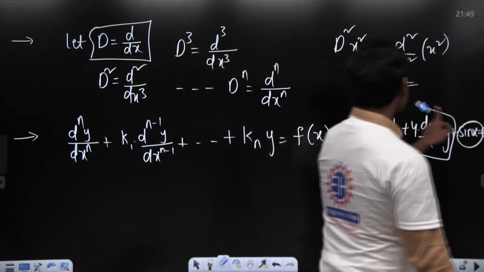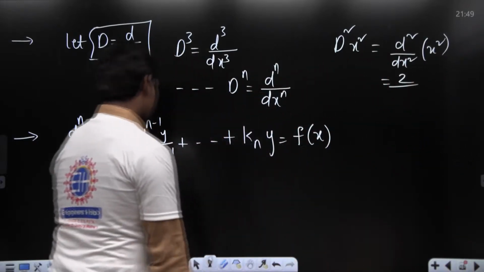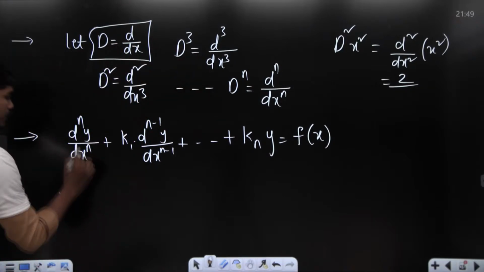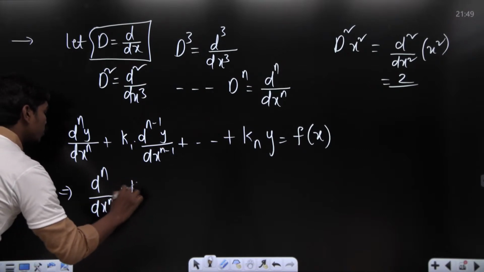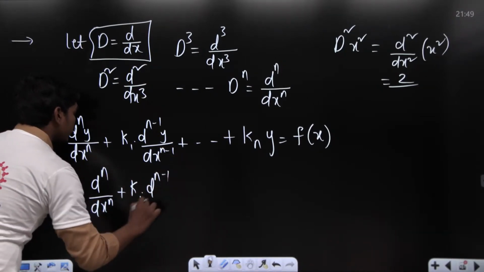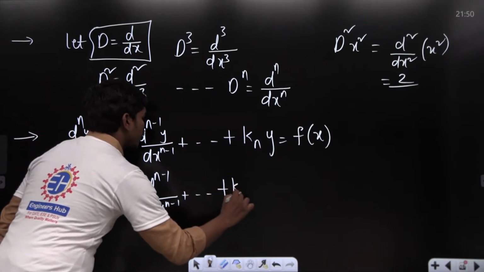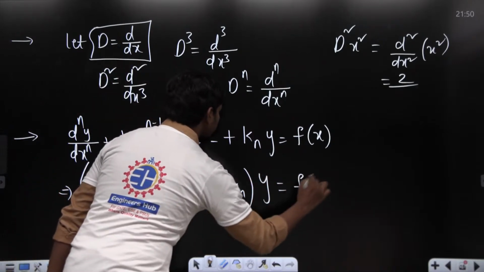Fine. Now, how to obtain the solution of this? Look. Now, if you apply these operators here, can I write d power n by dx power n plus k1 into d power n minus 1 by dx power n minus 1 and so on till kn operating on y is equal to f of x.